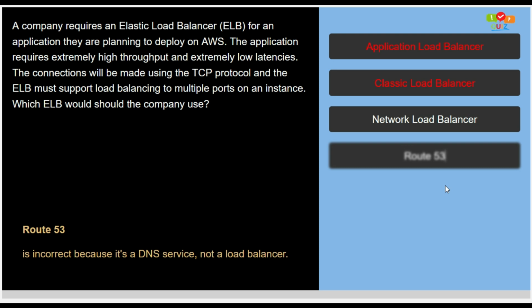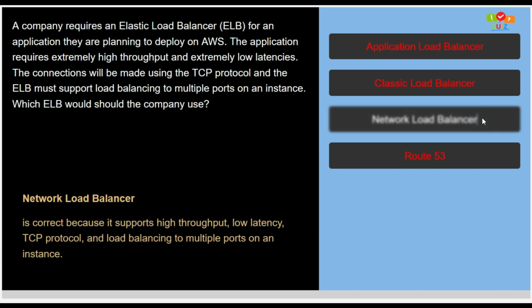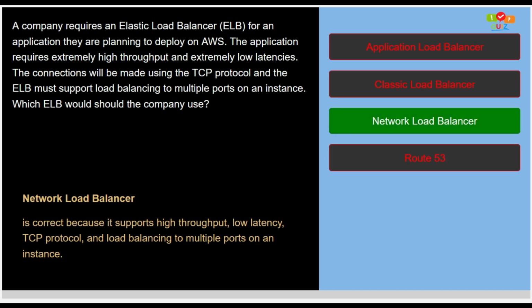Okay, not a load balancer. Alright, and lastly we have option number 3 left, which is network load balancer. This option is correct because it supports high throughput, low latency, TCP protocol and load balancing to multiple ports on an instance. Okay, so your option number 3 at the end is the correct answer of this question.